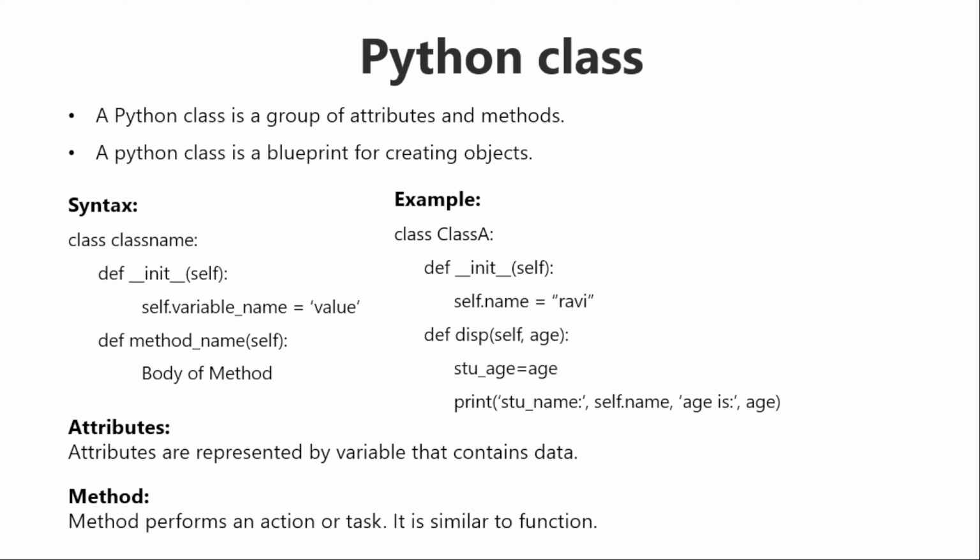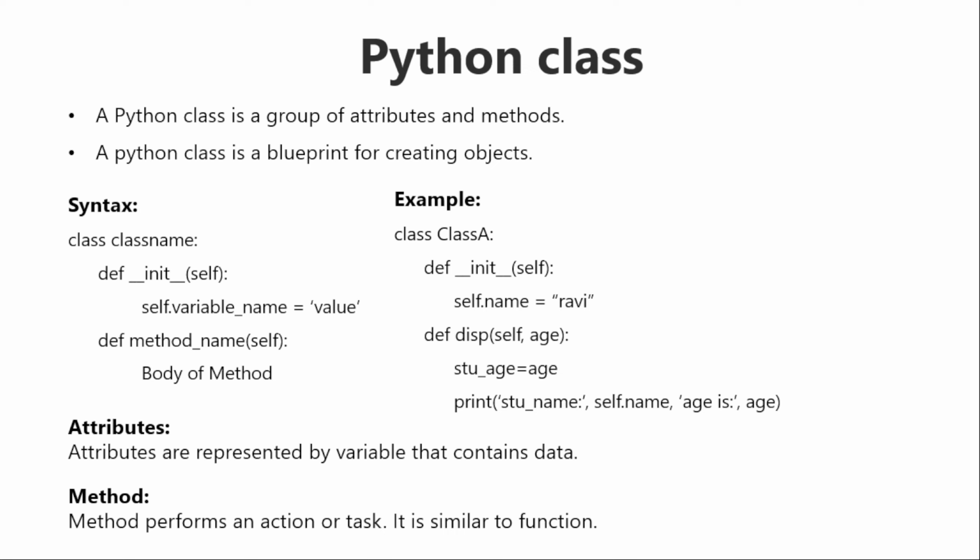It will be considered the first parameter internally, and we don't need to explicitly add an argument for it in the actual arguments. So we are passing an actual argument, age. So student_age = age. Then we can pass stu_name = self.name, and age = age or stu_age.